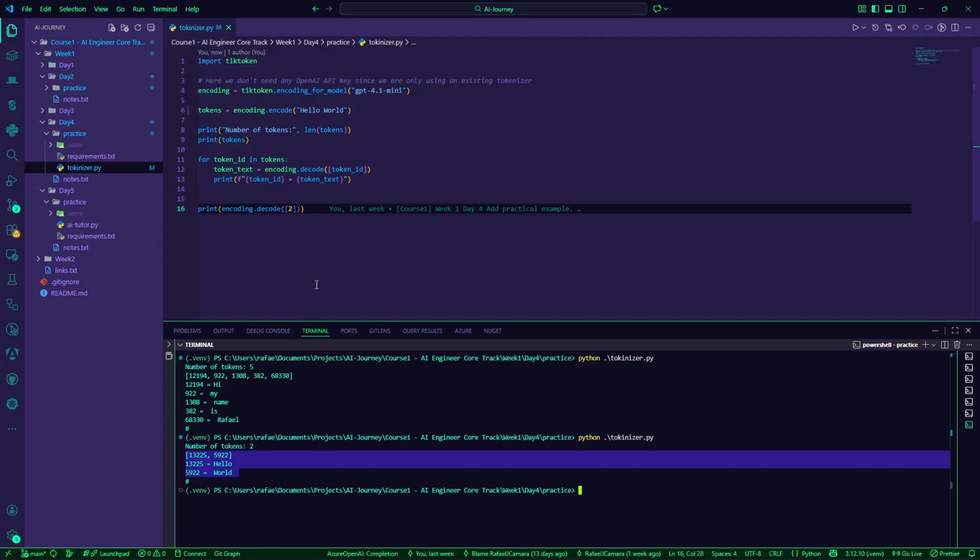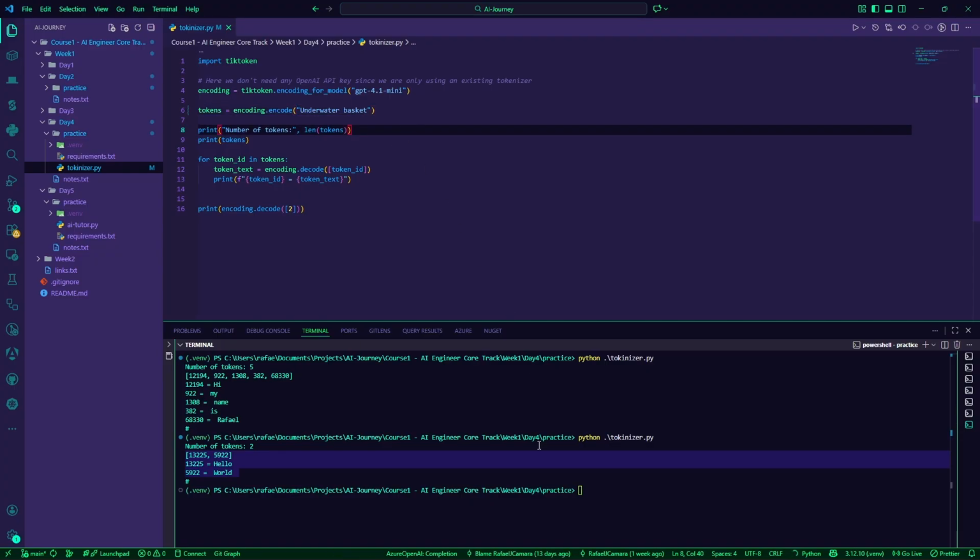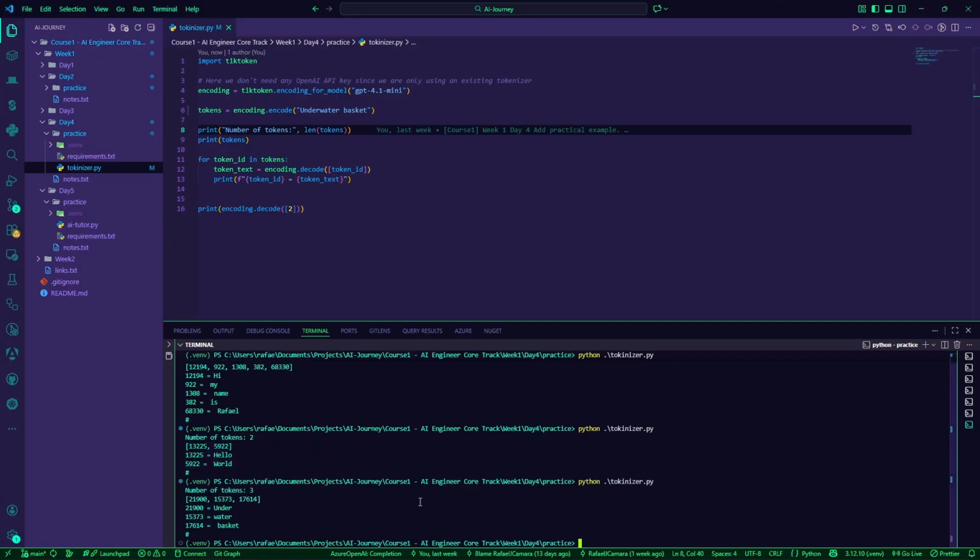And yeah, let's say, I don't know, underwater basket. Let's see what it has as tokens.